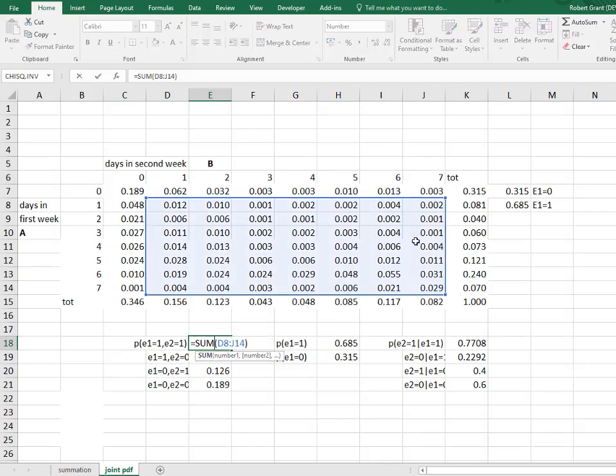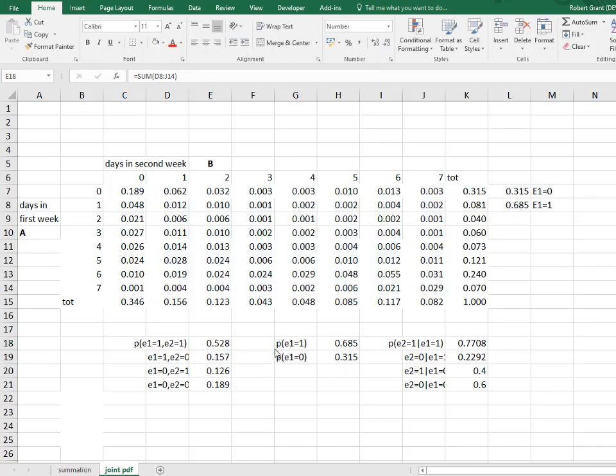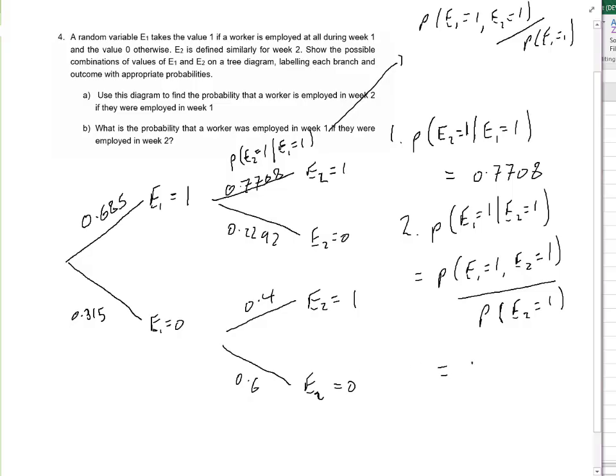So that's the probability they got some kind of job in both the weeks. It's 0.528, divided by the probability that in the second week they got some sort of job.